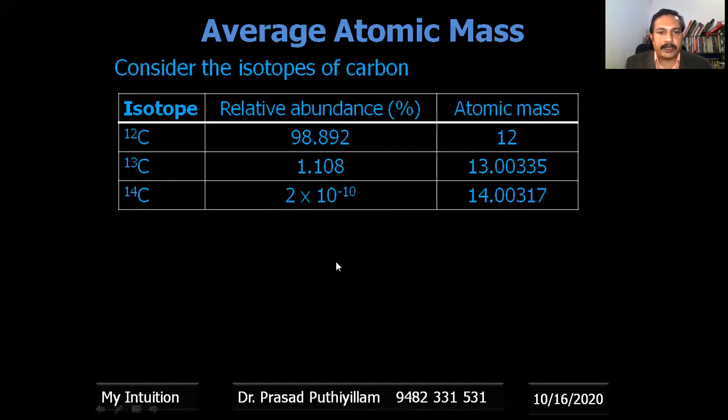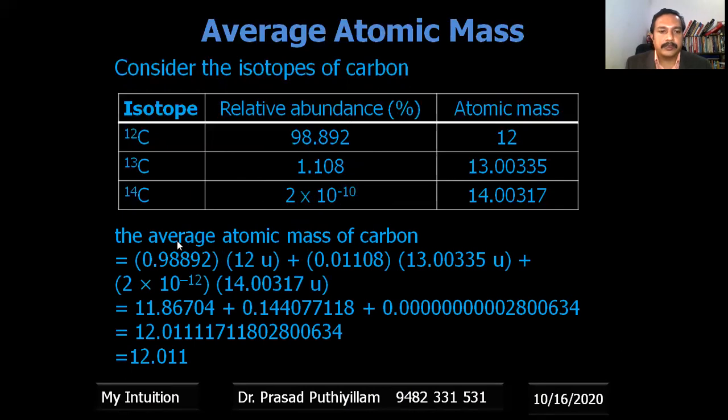If you calculate the average, first you need to divide by 100, since this is a percentage, and multiply by the atomic mass, and keep on adding these three values to get the average. Therefore, it becomes 0.98892, that is 98.892 divided by 100, multiplied by 12, plus 1.108 becomes 0.01108 multiplied by 13.0035, plus 2 times 10 to the power minus 10 divided by 100, which becomes 2 times 10 to the power minus 12, multiplied by 14.00317.